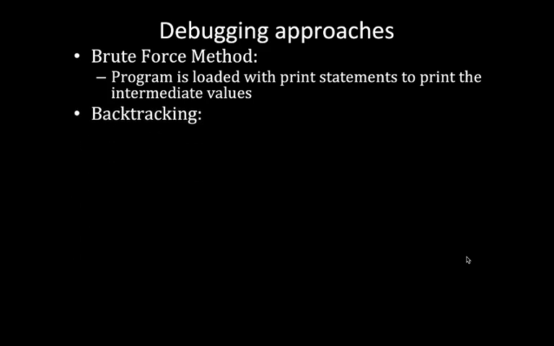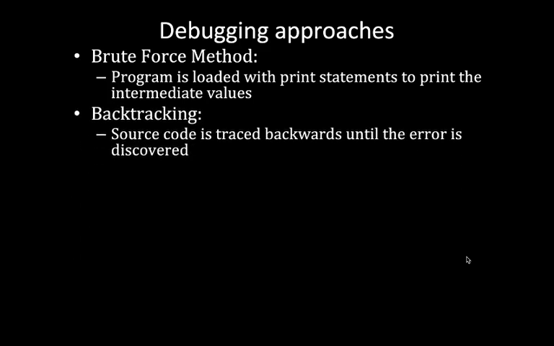Then the second method is known as backtracking. Here we start from the statement at which an error symptom has been discovered or observed, and the source code is traced backwards until the error is discovered.